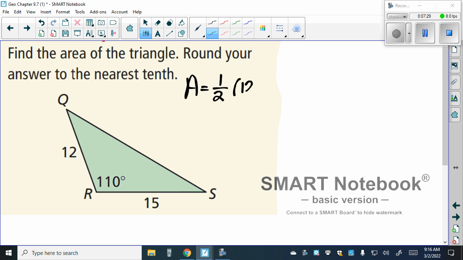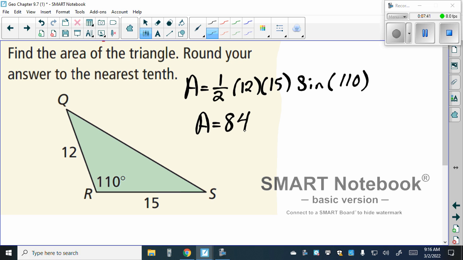So it'd be 1/2 times 12 times 15 times sine of the angle. Again, 1/2 of the two side lengths times sine of the angle in the middle. And that's it. Questions on this here?